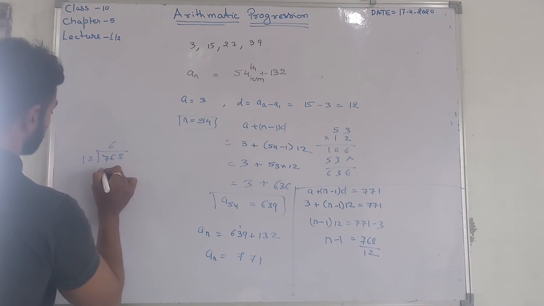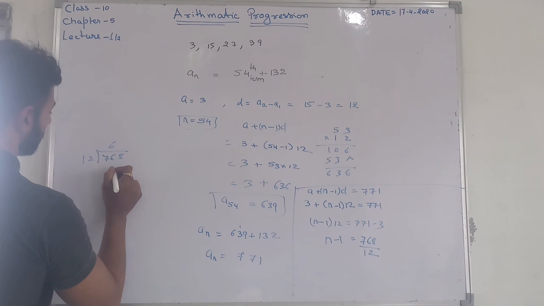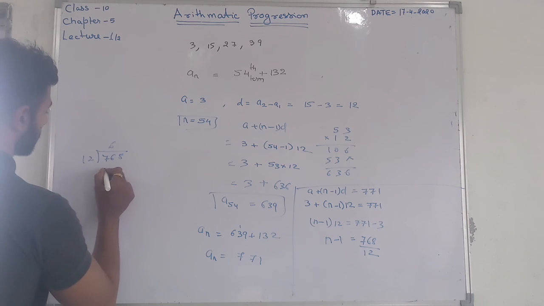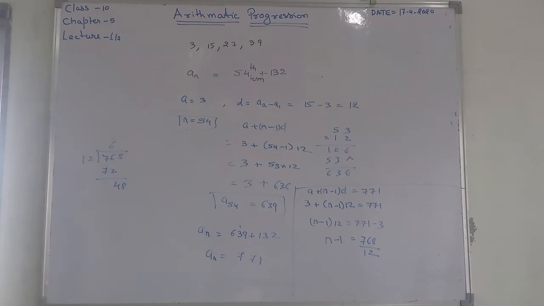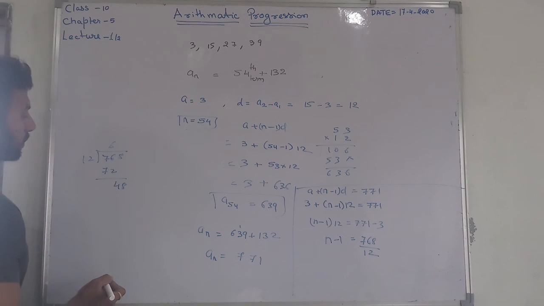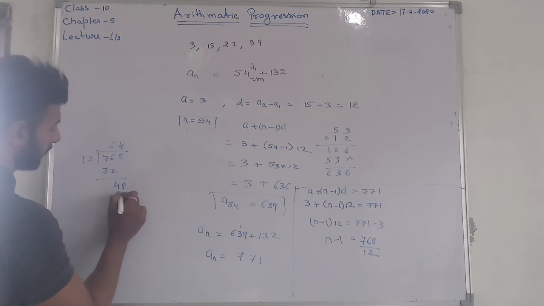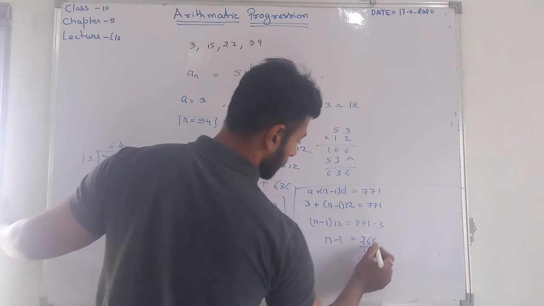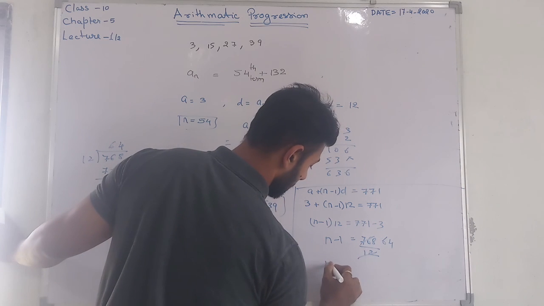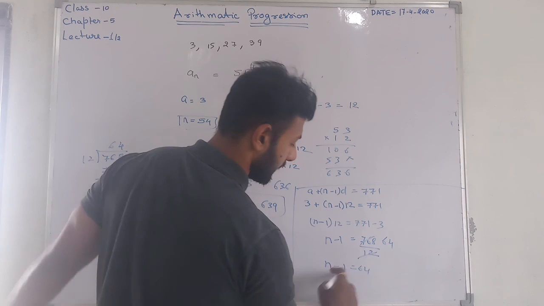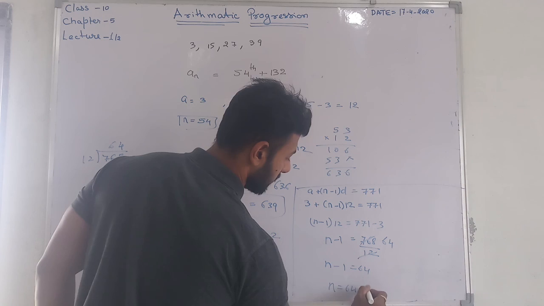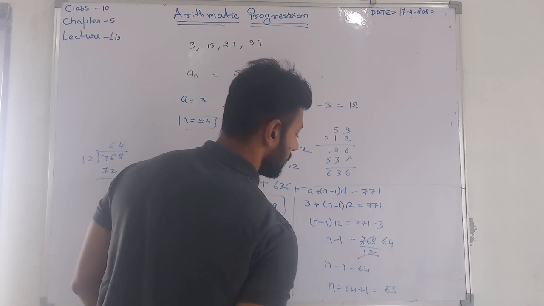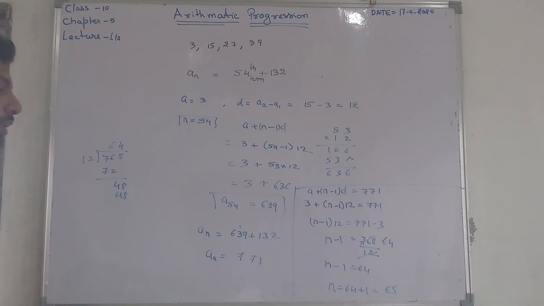So we are getting 64. N minus 1 is equal to 64. Taking this 1 to the right hand side, n is equal to 64 plus 1, which is 65. So this 65 is the solution of the required series.